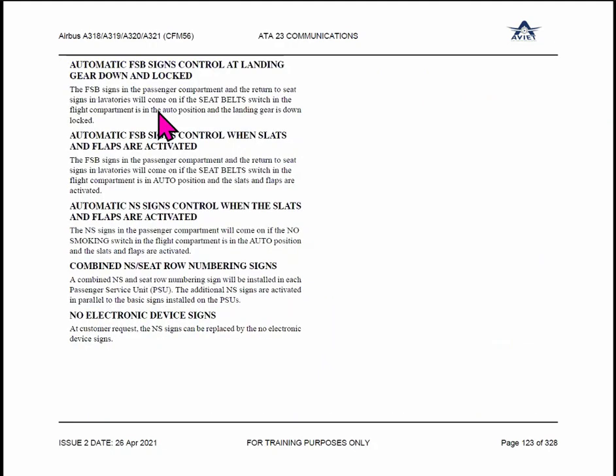Automatic fasten seatbelt sign controlled by the landing gear down and low. The fasten seatbelt sign in the passenger compartment, return to seat sign and lavatory sign will come if the seat belt switch in the flight compartment is in the auto position, when the landing gear is down and low.